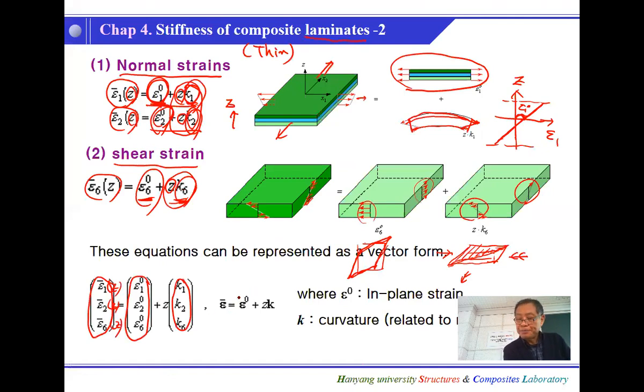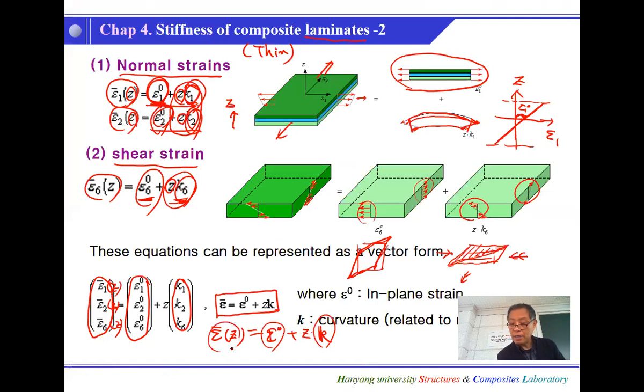So in vector terms, we simply use these equations. Epsilon bar, which is a function of Z at each ply, now has constant terms and Z times constant terms. Of course, this one is 3 terms, this is 3 terms, and this is 3 terms.